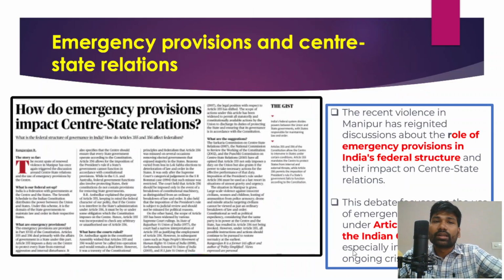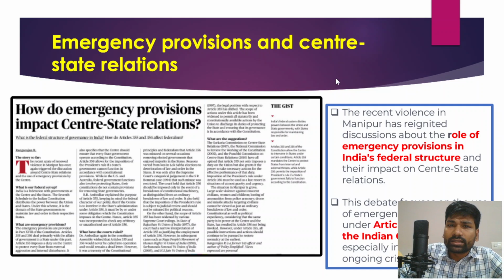And next important article is about the emergency provisions and center state relations. I hope you knew about article 356 of the Indian Constitution, because 356 deals with the president's rule.